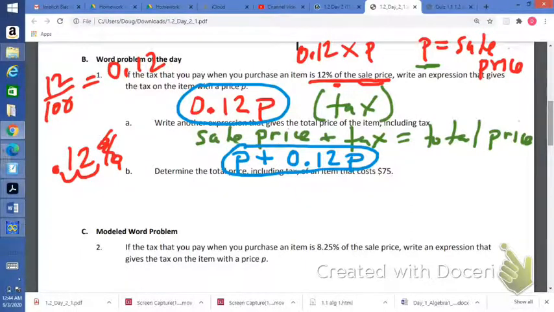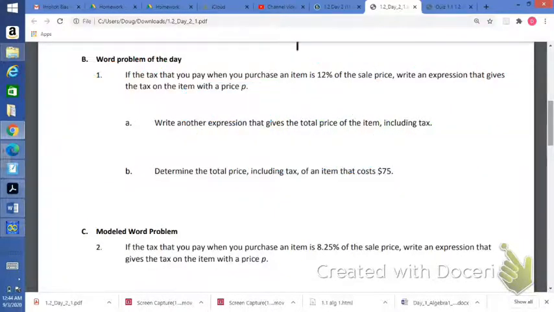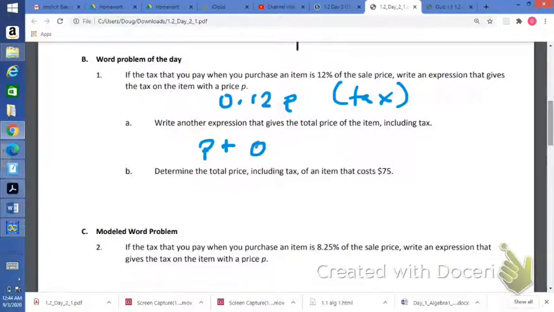Alright, let's erase some of this. So we have 0.12 P, that was our tax. And then our total price, the expression for that was P plus the price plus the tax.